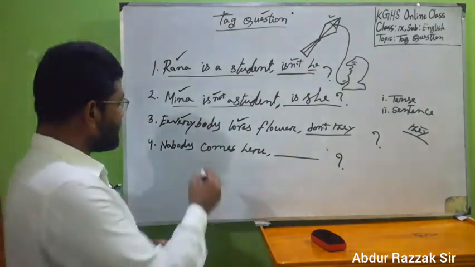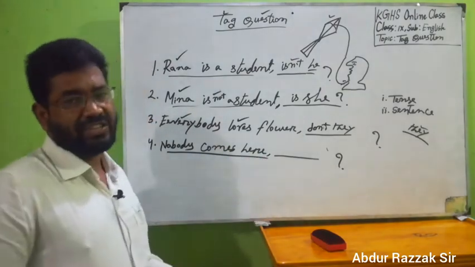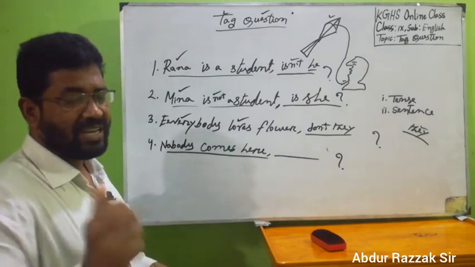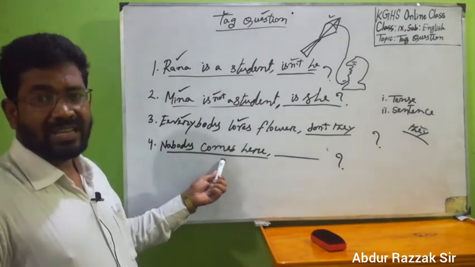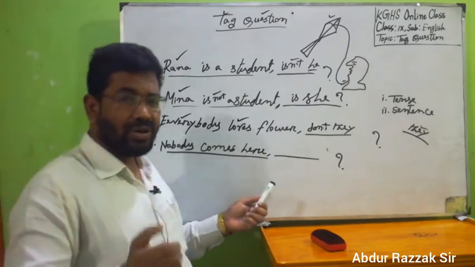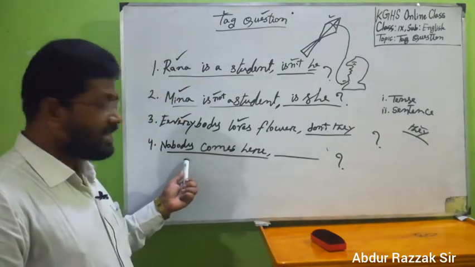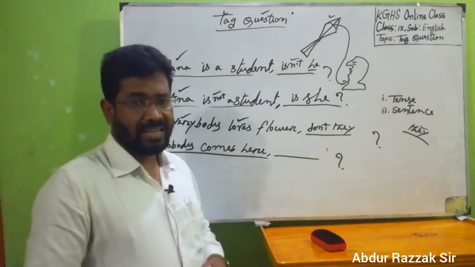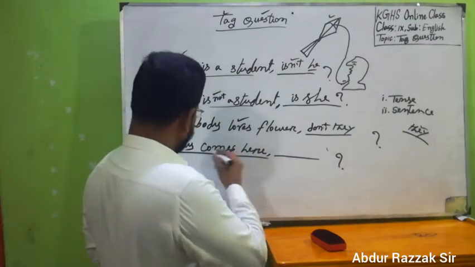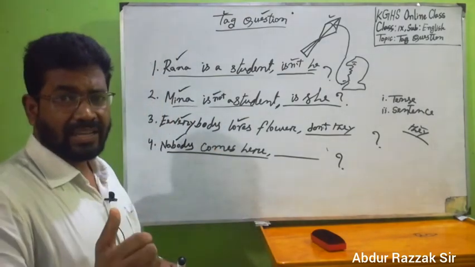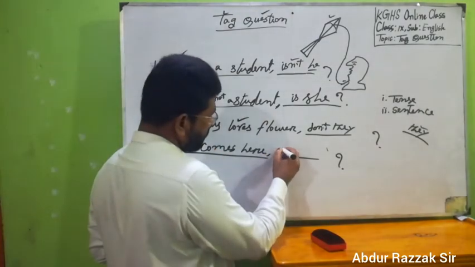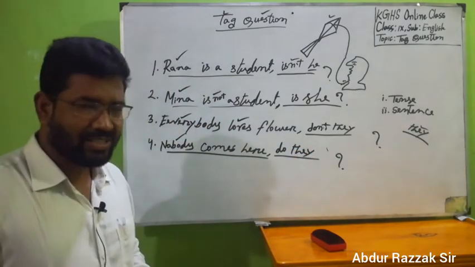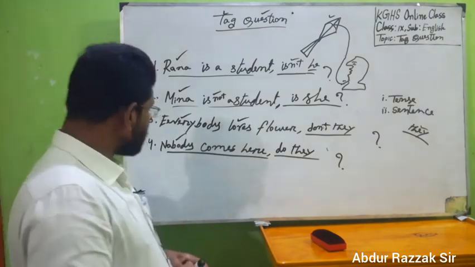So dear students, this is a negative statement. So you have to make the tag question an affirmative tag. As the tense is present indefinite tense, we should use do or does. As the statement is negative, we should not make a negative tag. So do or does should be used, and as the pronoun will be they, we have to use do. The answer will be do they. I think you have understood. Students, let's see the next example.